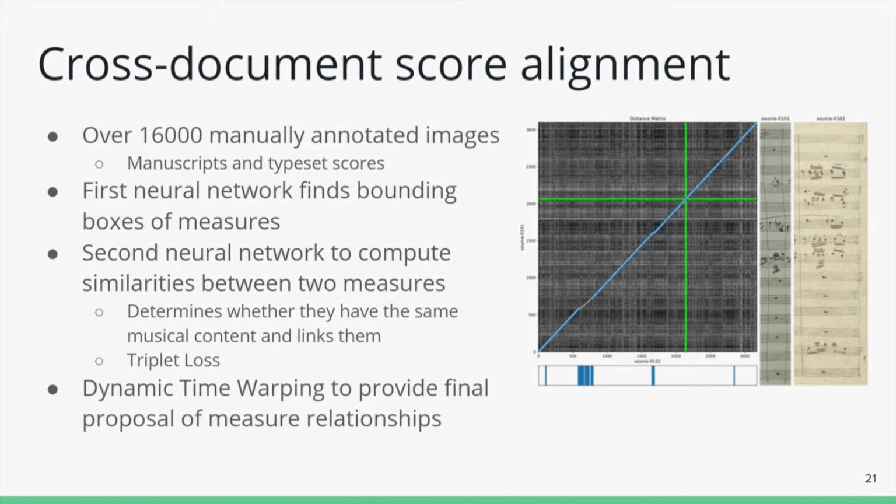Then there was a second network which compared those detection results to each other and tried to identify whether or not 2 boxes contain the same musical content or not.